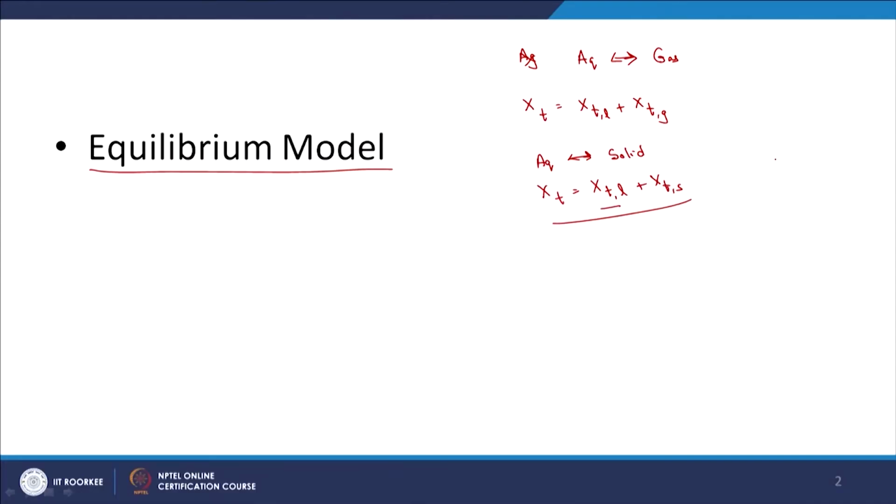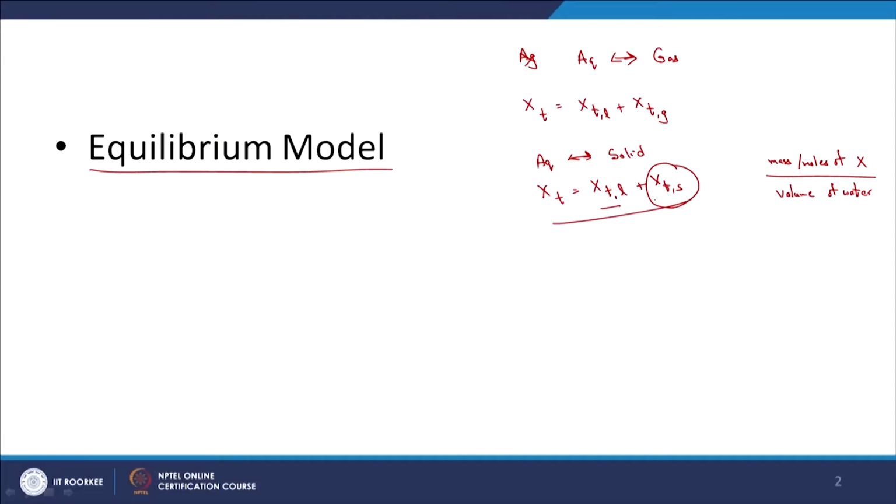Concentration is the mass or moles of a particular compound, let's say x, per volume of the solution, which in most of our cases is water, the volume of water in which x is dissolved.